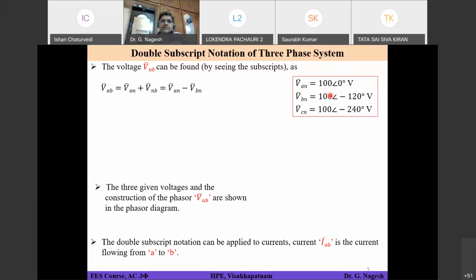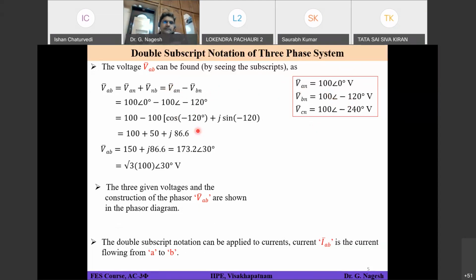100 at an angle of 0 degrees minus 100 at an angle of minus 120. Okay. If you have a calculator, you can directly substitute and find the result, or otherwise you have to use the cos theta minus j sin theta formula, right? So 100 at an angle of 0 degrees will be 100, and then 100 into cos of minus 120 plus j into sin of 120.